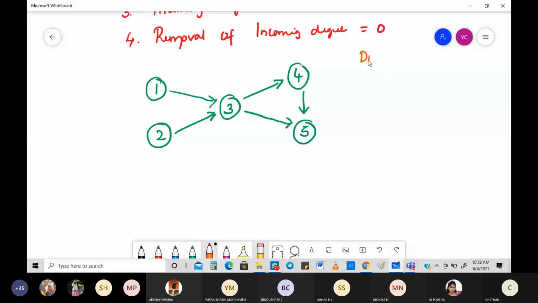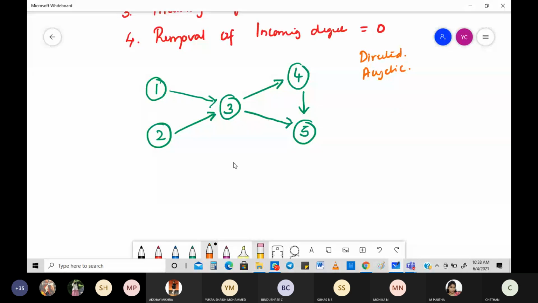What's the next step? What is the next thing to be kept in mind here? The next thing is you need to figure out the incoming degrees. How do you figure out the incoming degrees? I'm just going to write it here itself so that it becomes easy. First, what is the incoming degree with regard to 1?